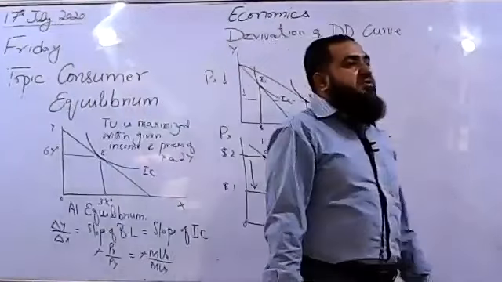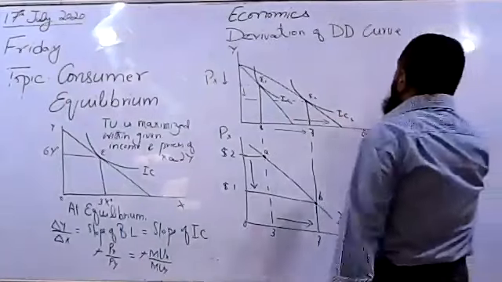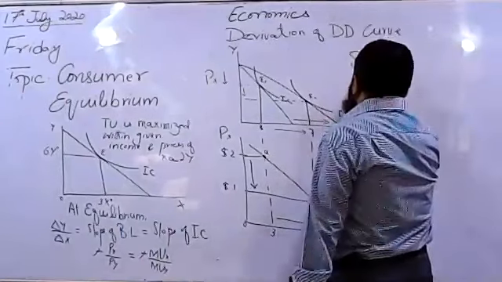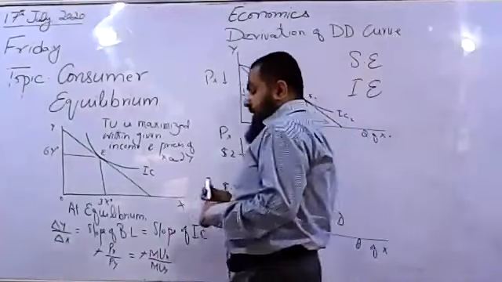So a change in price will have two effects: one is called the substitution effect and another is called the income effect.